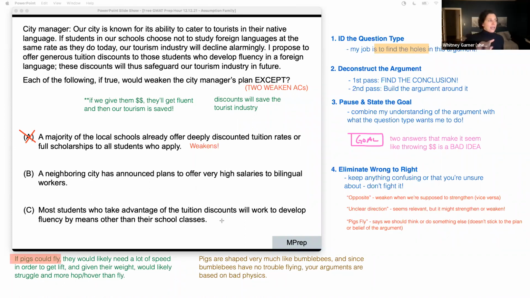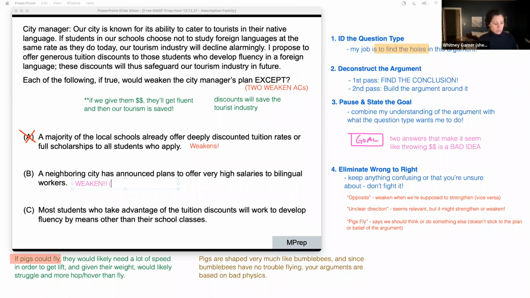It doesn't say, I'm going to offer tuition discounts to students who study a foreign language in my school and only in my schools. It says, if you go get fluent, I'm going to give you money. So do I actually care how you get yourself fluent? No, I don't actually care. So it turns out B actually also weakens.